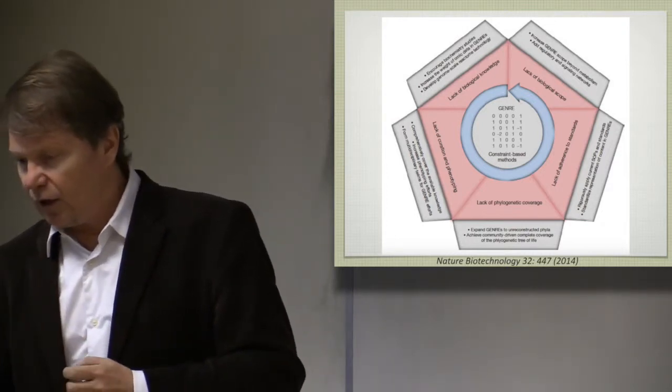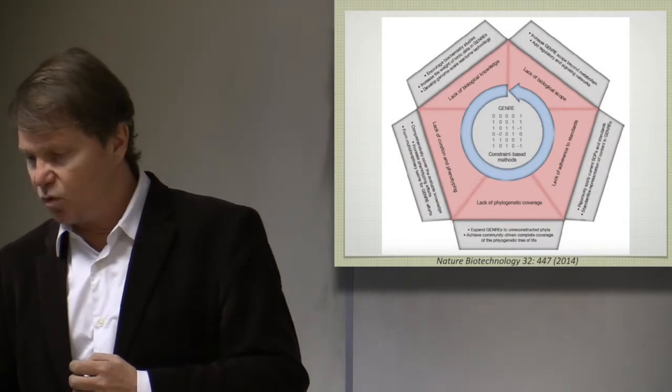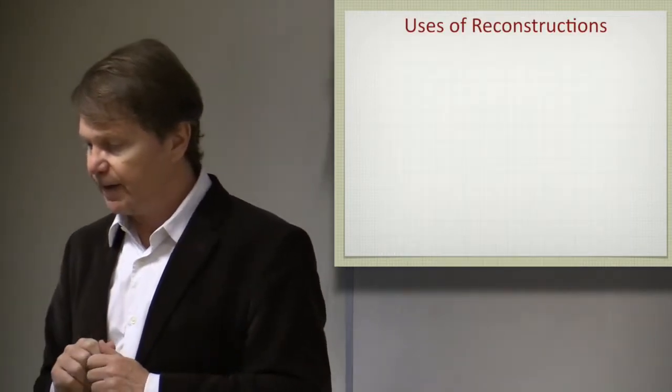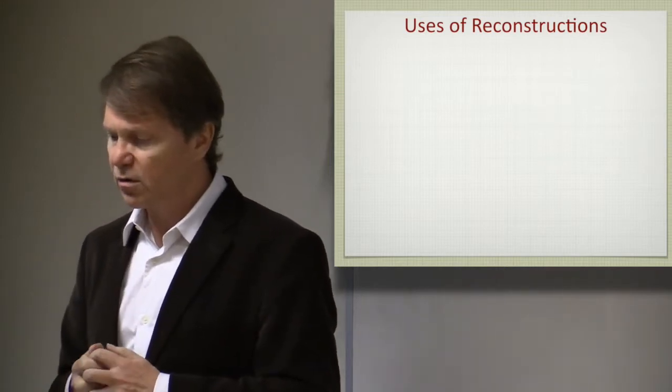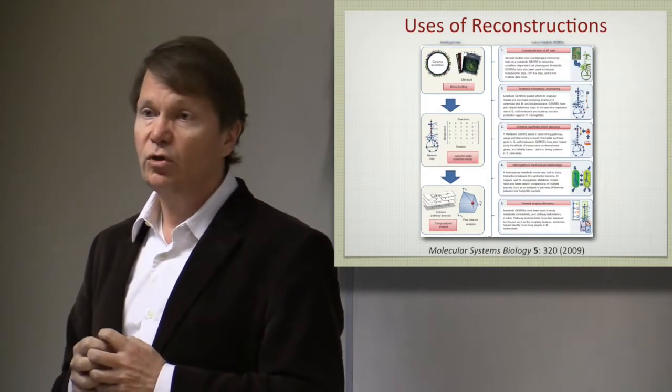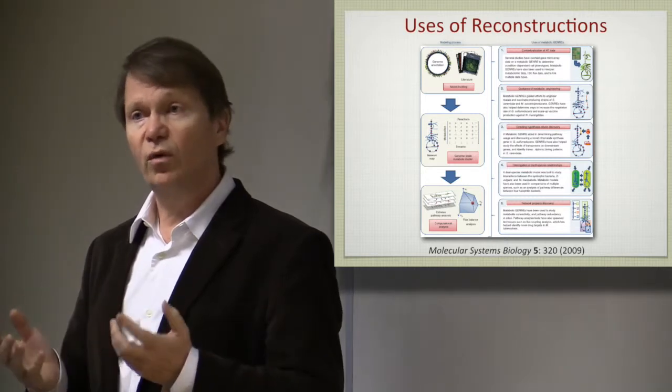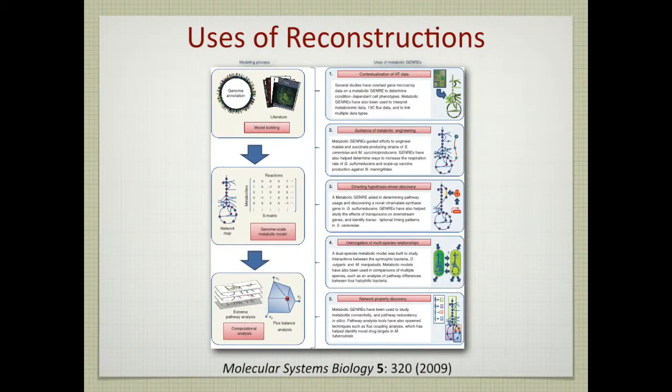Okay. There is a review out and available from now a few years ago that reviews the uses of these reconstructions of all organisms. And the use classes are very similar to that for E. coli.